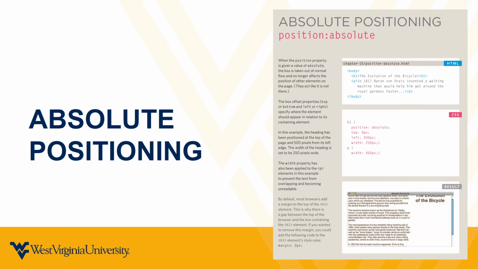Then we have the paragraph in 1817, Baron, blah, blah, blah, which normally would be directly below it. With position absolute, it's not affecting that other text or this paragraph text. It actually started its own container on the right. The top is at 0 pixels and it went to the left all the way 500.